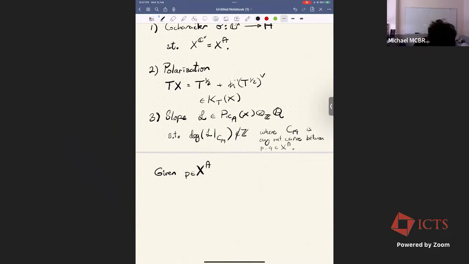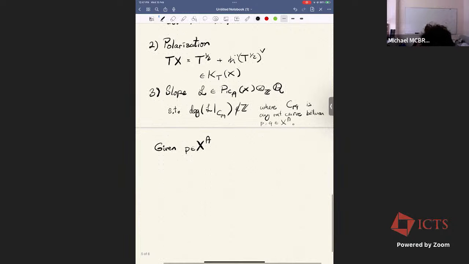More precisely, for a fixed point P we define the attracting manifold with respect to sigma. That's just all the x such that the limit as z goes to 0 of sigma_z x is equal to p.